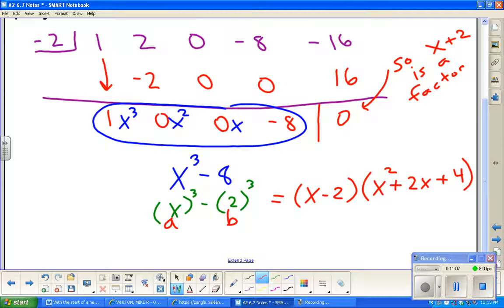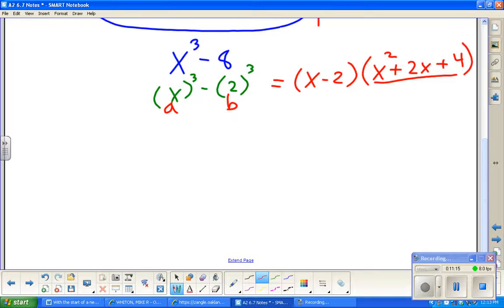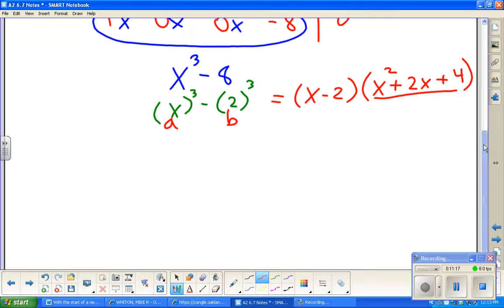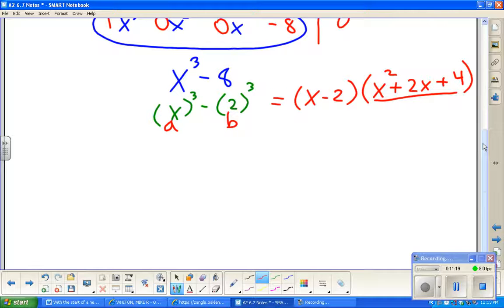Can we go any farther? Can the second piece, that quadratic, be broken down any more? What do you want to try? We need factors of 4 that add up to 2. I don't think so. It's probably decimals or something, right? It's nothing that we can factor, so we would just leave it like that.